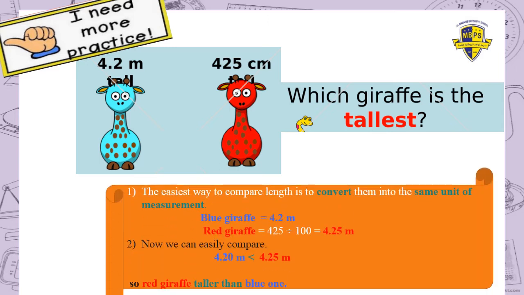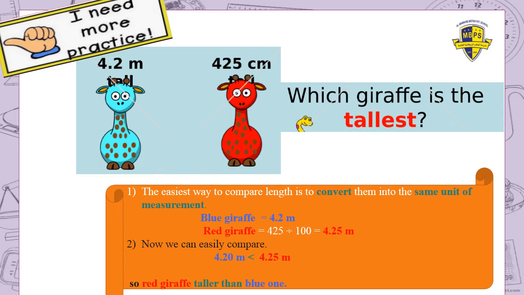Good. So here I want to write 425 centimeters in meters. So the red giraffe, it's 425 divided by 100. To convert it to meters, we divide by 100. So the answer is 4.25. We shift the decimal point 2 digits to the left.